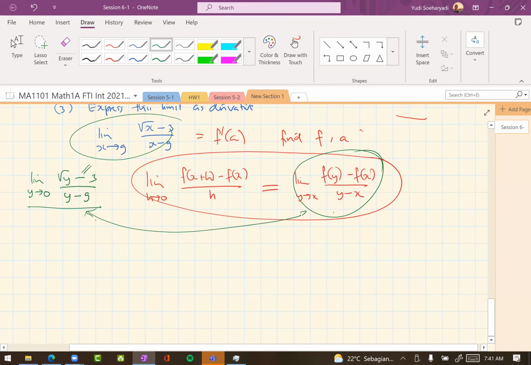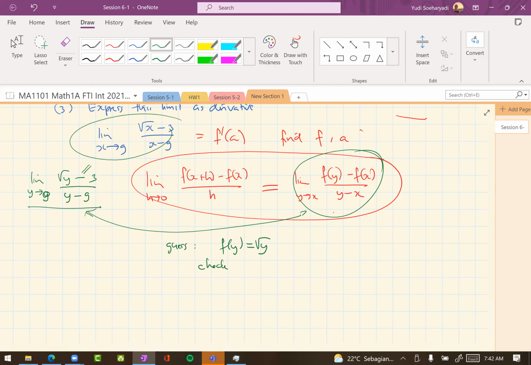So I guess you can guess directly here. Let's check. You make a guess: f of y equals square root of y, right? Check. And a equals 9.